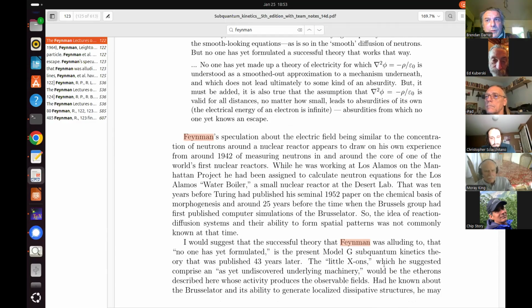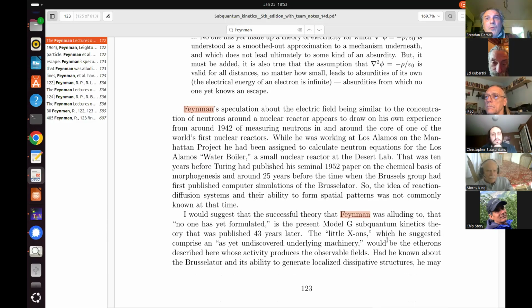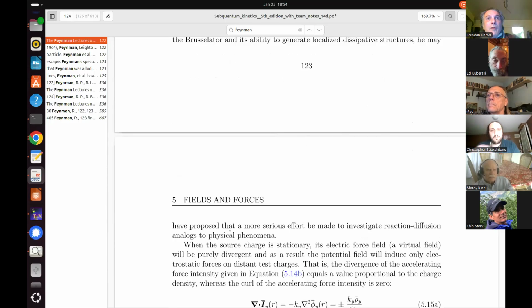The little exons, which he suggested comprise an as yet undiscovered underlying machinery, would be the etherons described here, whose activity produces the observable fields. Had he known about the Brusselator and its ability to generate localized dissipative structures, he may have proposed that a more serious effort be made to investigate reaction diffusion analogues to physical phenomena.